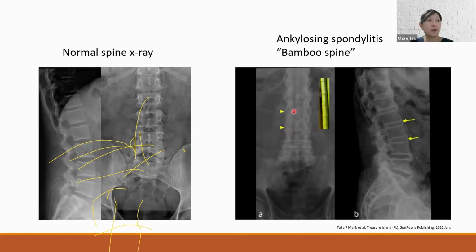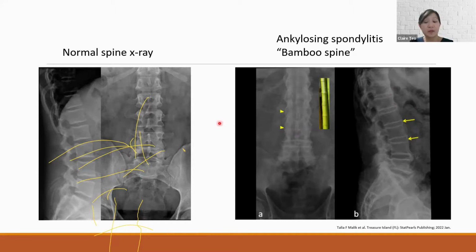Some have coined this the bamboo spine. Also over here, you can see there's no more space between the vertebrae, and new bone is formed here, shown with the arrows.